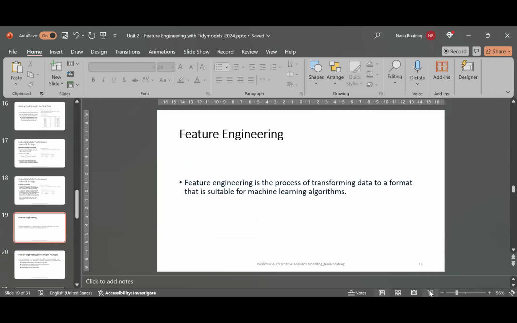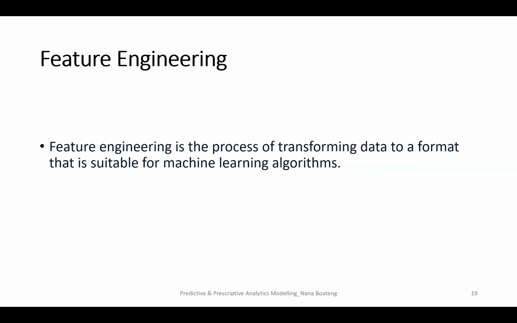Yes, sir. Okay. So what feature engineering basically is, is the process of transforming data to a format that is suitable for machine learning algorithms. Sometimes the nature of your raw data might not be suitable for machine learning purposes.